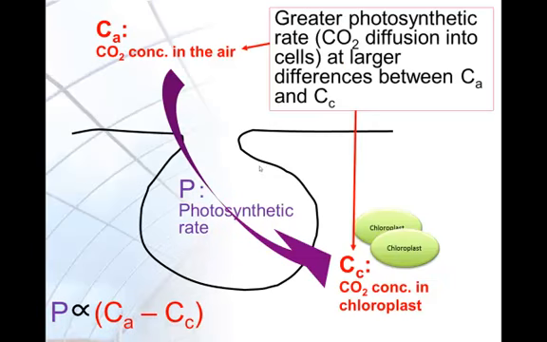Therefore, when you have a large difference between CO2 concentration in the air and CO2 concentration in the chloroplast, then you have a greater diffusion rate and photosynthetic rate. And again, the concentration gradient is the driving force of photosynthesis. CO2 concentration and photosynthesis are in a proportional relationship.